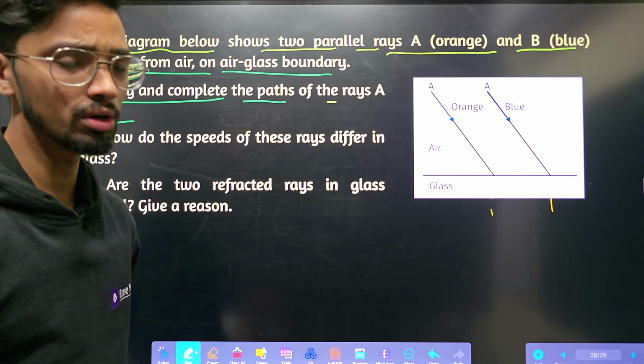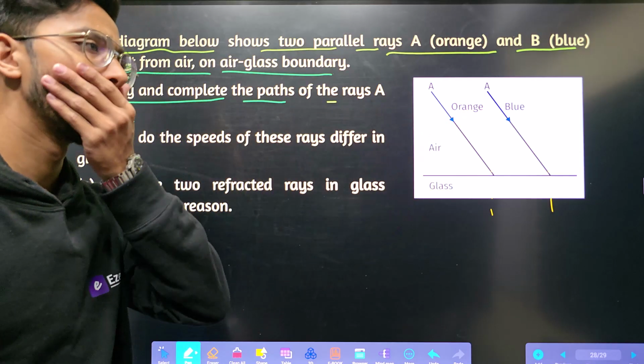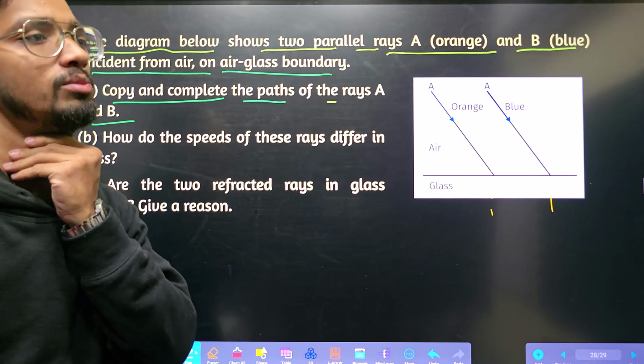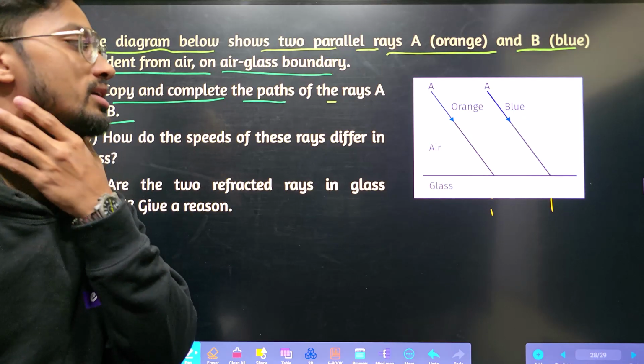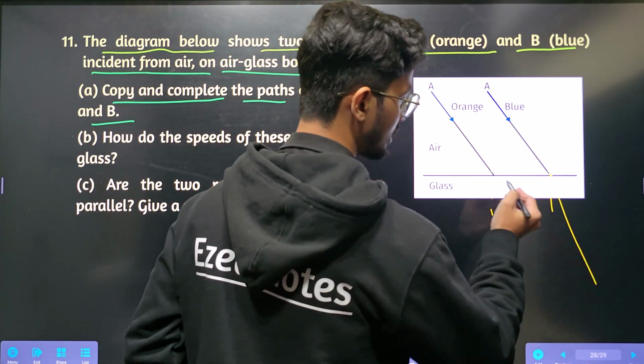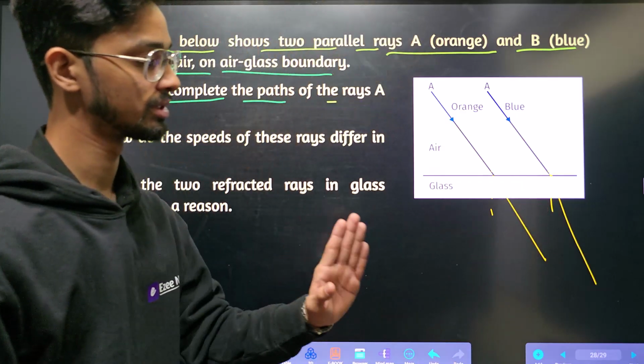So which will deviate more? VIBGYOR. Orange will have more speed compared to blue. If it has more speed, it does not bend easily towards the normal. So blue will bend slightly more, like this.